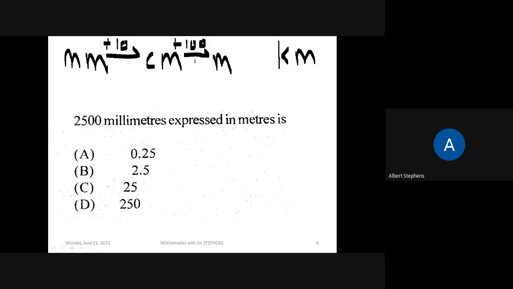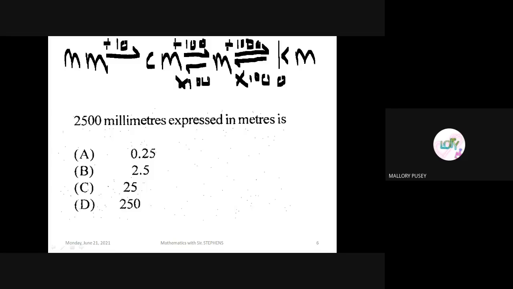And going the other way now is what? We divide by 1,000. So going the other way, we don't divide. What do we do? We multiply using the same values. So this little thing here will help you with any conversions.